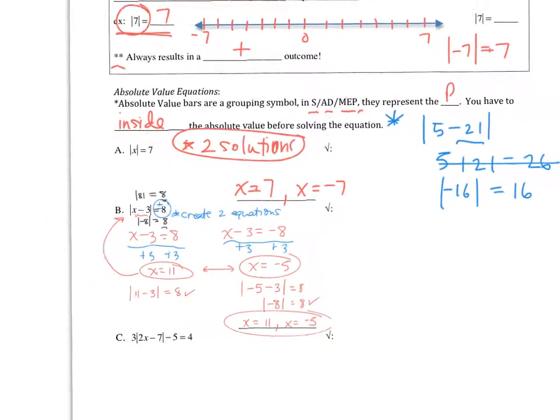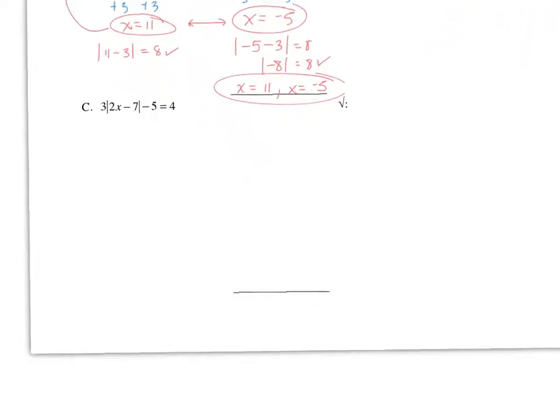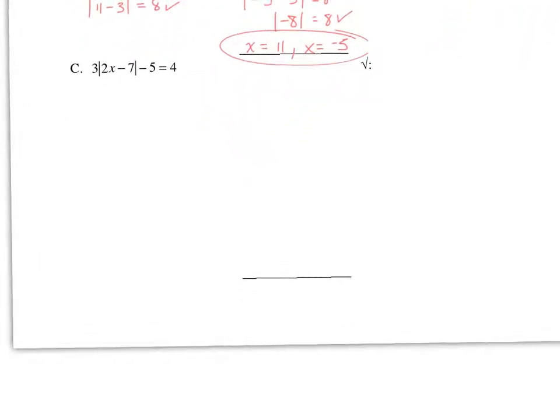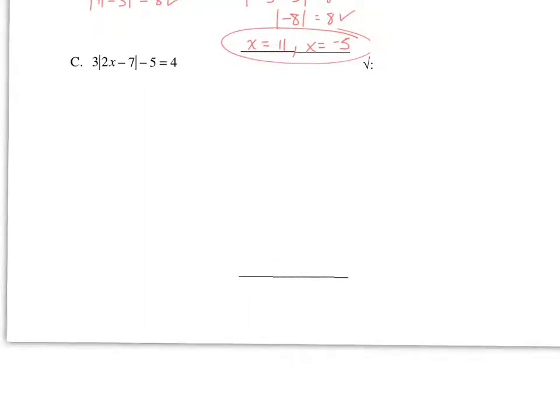Okay, so we got one more that we're going to try and do. All right, so general rule of thumb, and on this, we'll put all of our concepts together, okay? So number 1, write this down, is get the absolute value by itself.